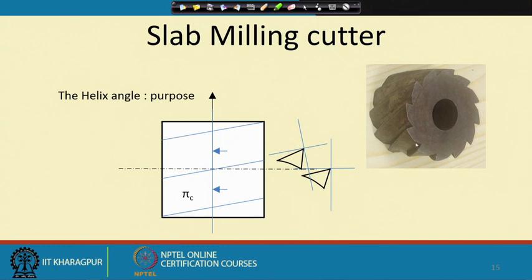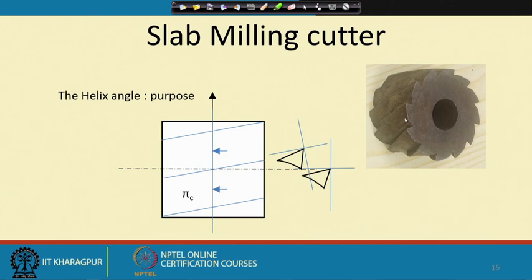What is the advantage of helical teeth? The advantage of helical teeth is that at one point in time, more than one tooth will be acting, so that the forces are distributed among a higher number of teeth, and hence the force is not very high on a single tooth, and wear and tear is less. Moreover, the cutting is not jerky.